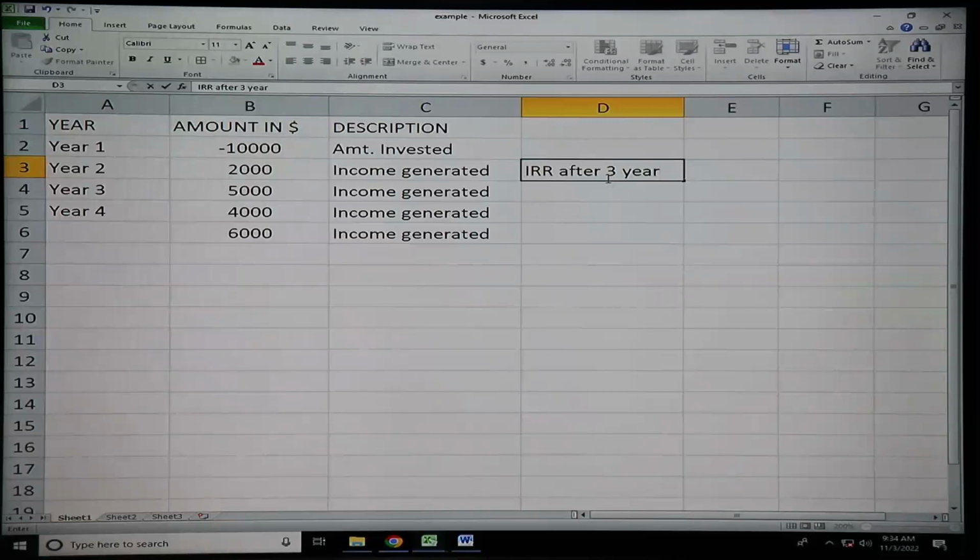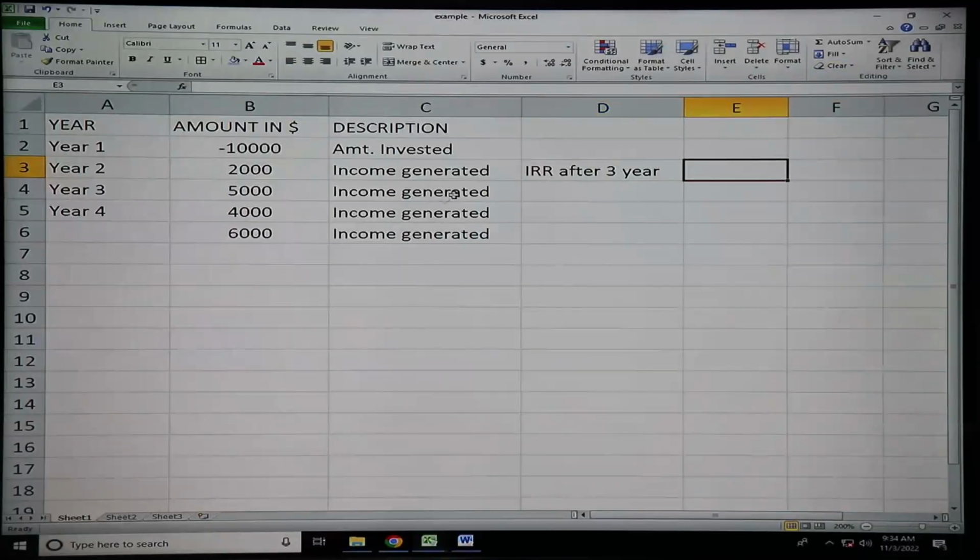Then how do we get this function? We insert the function, just like we have done in other formulas.